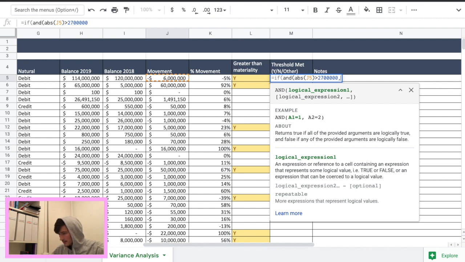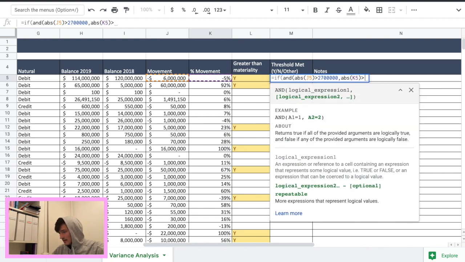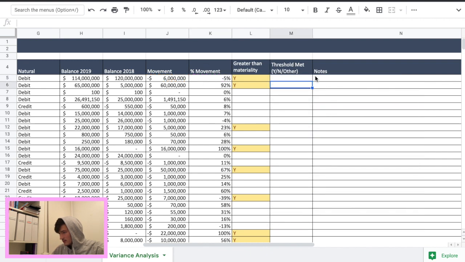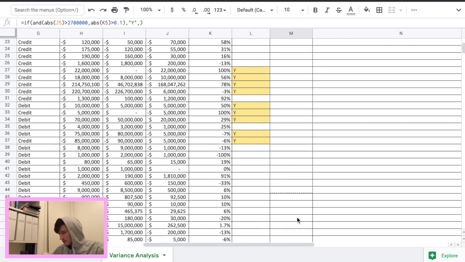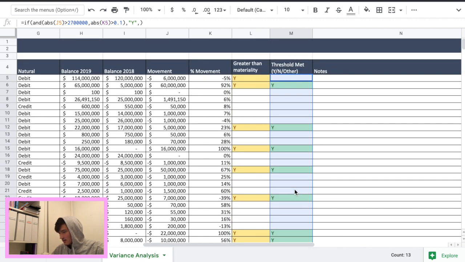Comma, and then same thing, but this time with the percentage. We're using absolute value because I think it just makes the if statement a lot simpler. And yes, close bracket. And scroll that down. Okay, well, looks like it's working.